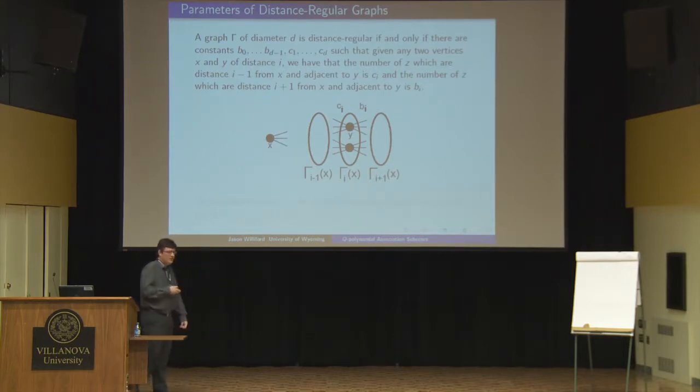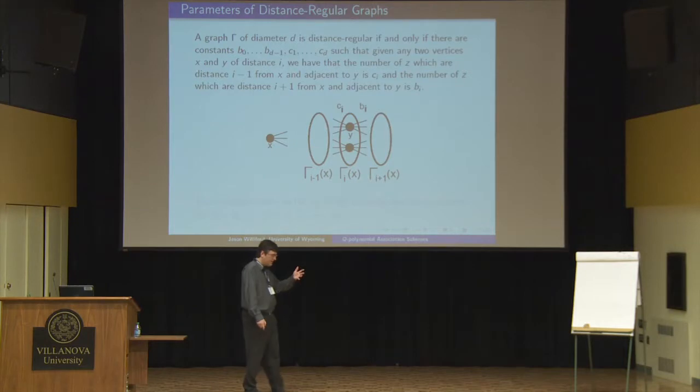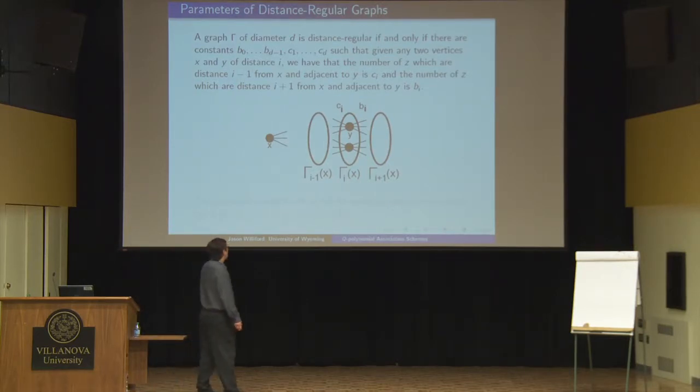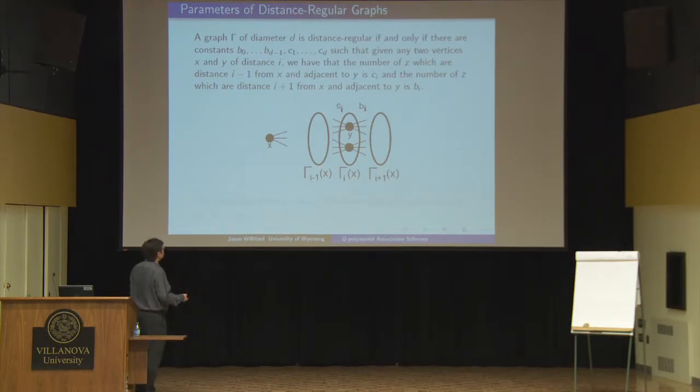Okay, so I want to get into a little bit about what imprimitivity is like in Q-polynomial schemes. But to look at the definition, it's easier to start with distance regular graphs and just work by analogy. So in distance regular graphs, you're really talking about an association scheme, but it's generated by one graph in a nice way. And you can boil down all the parameters into just a collection of parameters that you can get everything else from.